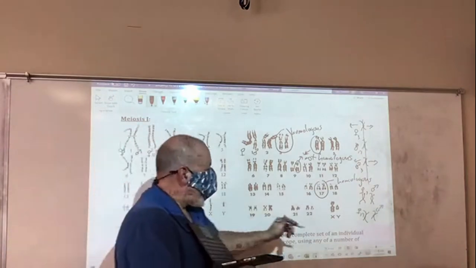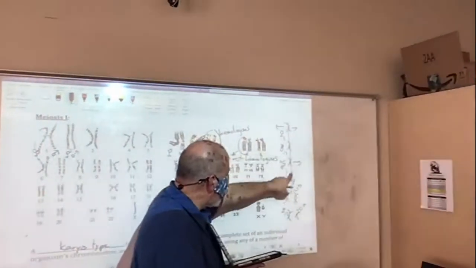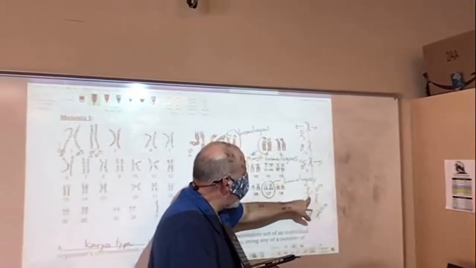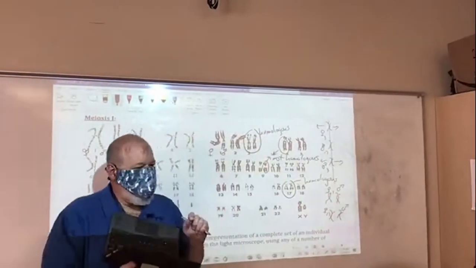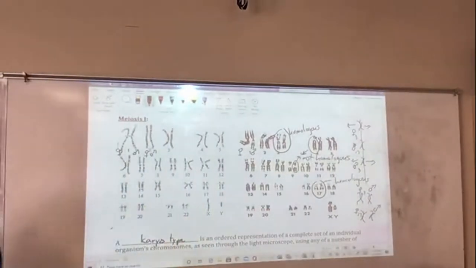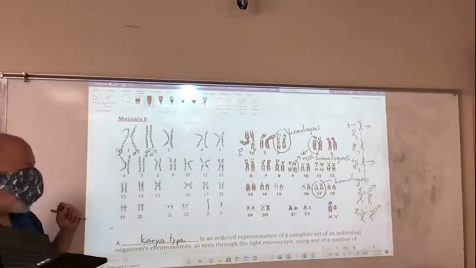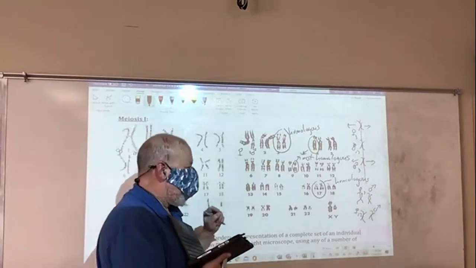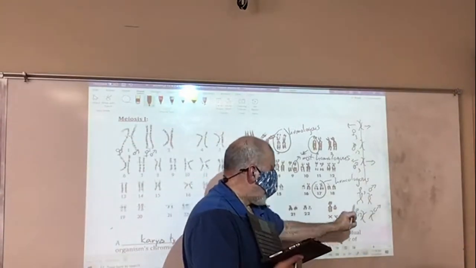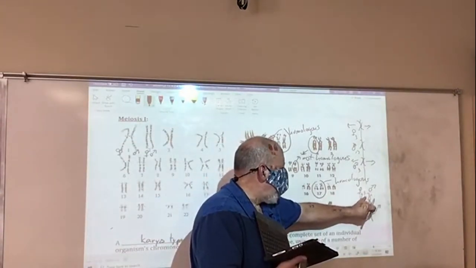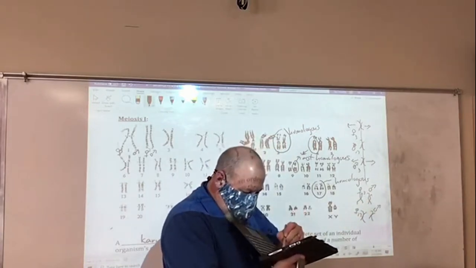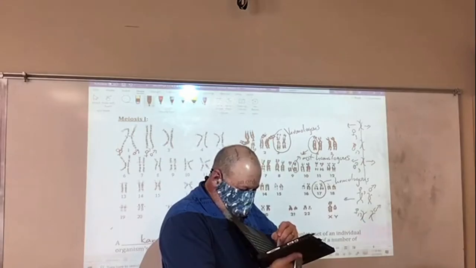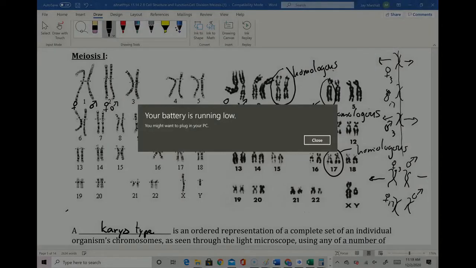Our first metaphase in meiosis, we don't want this. We want homologous chromosomes to be on the metaphase plate. We want the homologous pairs to divide first. Okay? So I want a pair of chromosomes to go one way and the other pair to go the other way.